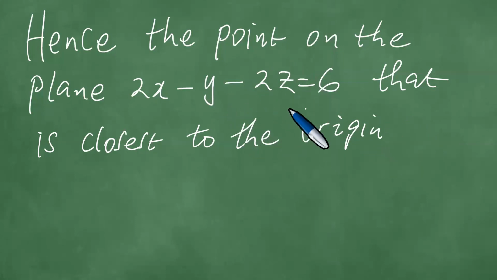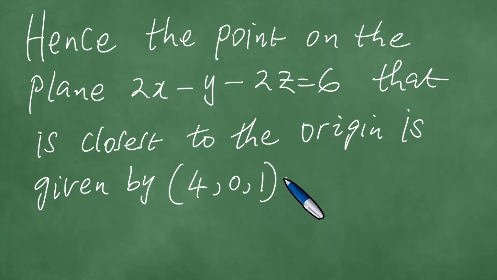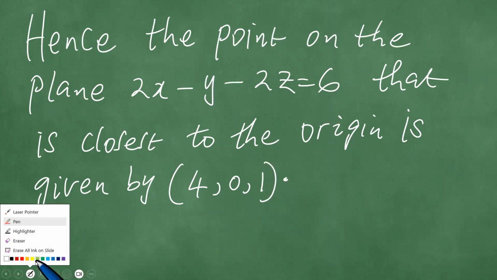Hence the point on the plane that is closest to the origin is given by 4, 0, 1.